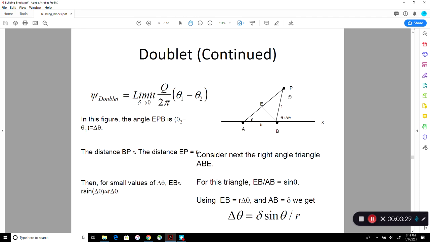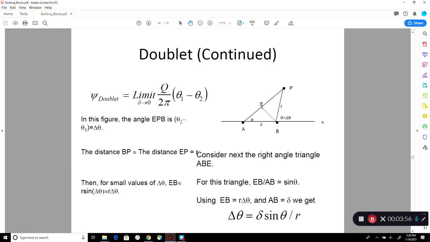So in the limit as delta theta goes to 0, EP will become pretty much the same distance as R, because this point will approach this point. Therefore, we could say that the EP, which is R times cosine of delta theta, equal to just R, roughly. So this is R.